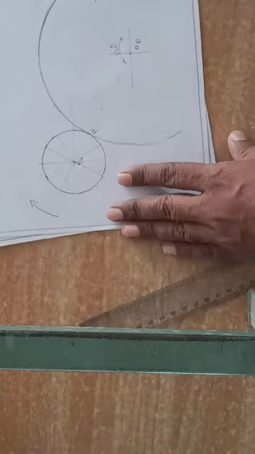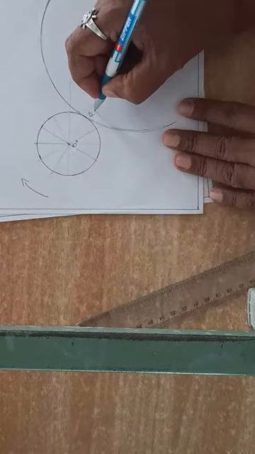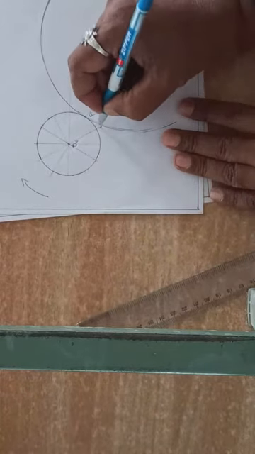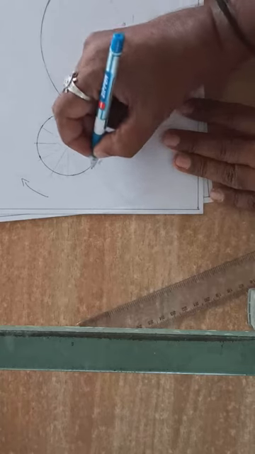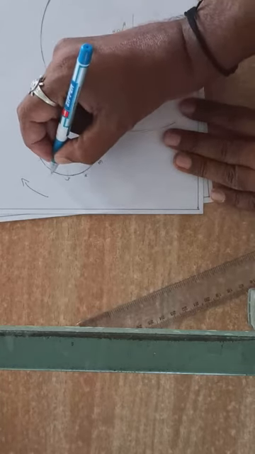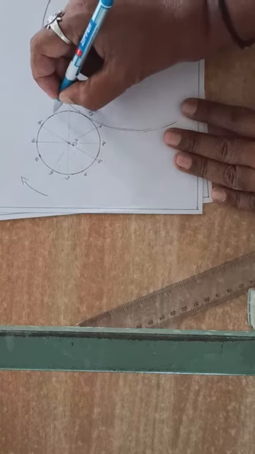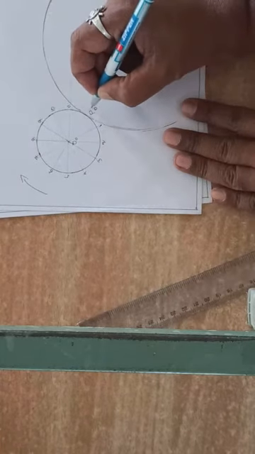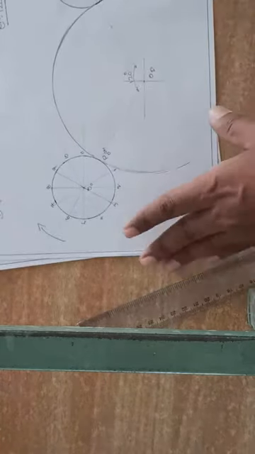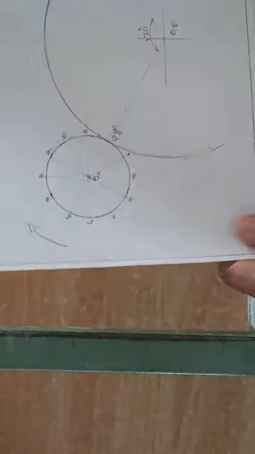Right. Now marking. This is the point P, the initial position. Now this is 1, 2, 3, 4, 5, 6, 7, 8, 9, 10, 11, and 12. That is the last one, the final one. Right. So now you have divided the circle into 12 equal parts.